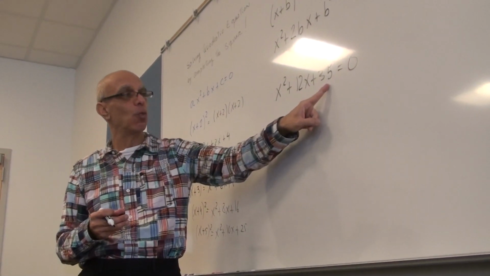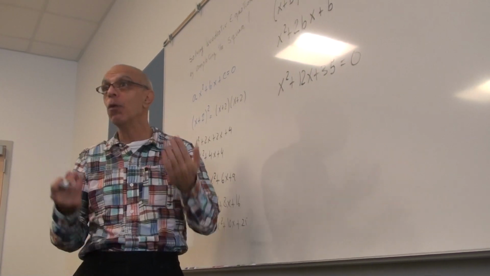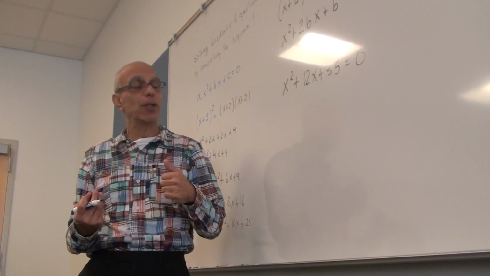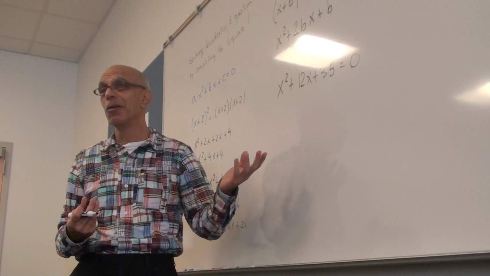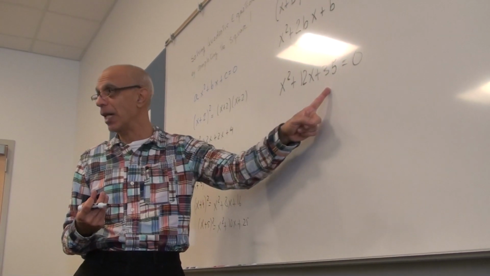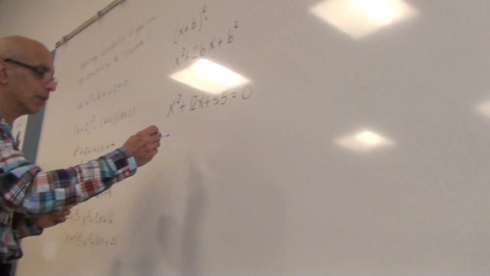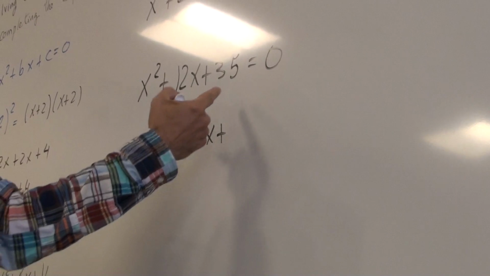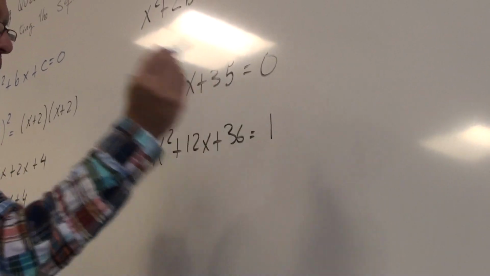If I could add 1 on this side of the equation, I would have 36, and I would be able to complete the square. Isn't that true? But to do that kind of magic, we need to follow the rules, right? What is the rule? If I add 1 on this side, what do I need to do on the other side? Add 1. And that's what we're going to do, okay? x squared plus 12x plus 1 plus 35 is 36. But then 0 plus 1 is 1.